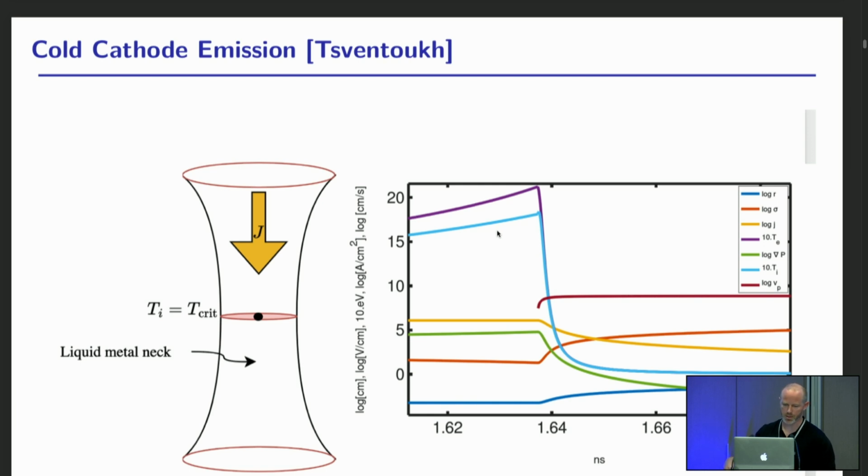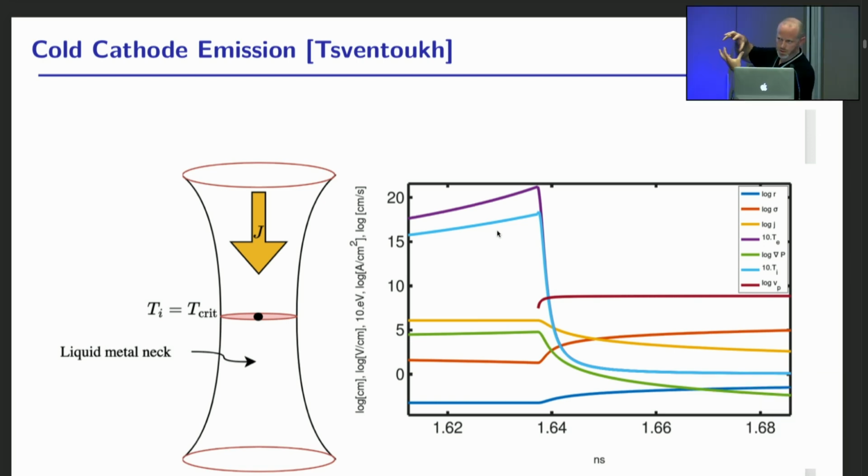So what you can see at the top on the left-hand side is you would have, imagine, a macroscopic cathode material droplet there, probably liquid, and it's acting as a current collector. So there is current going through this liquid metal neck. It's increasing in temperature and increasing in current density as the radius reduces.